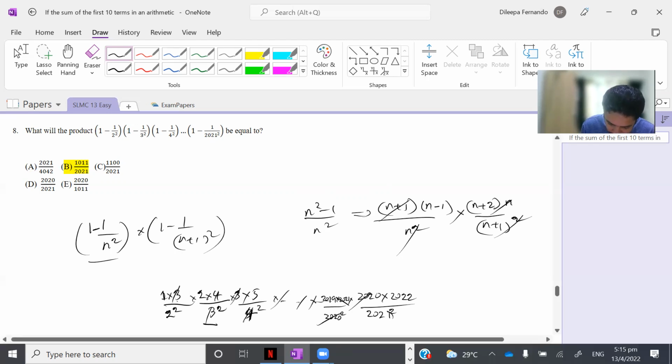Here you can see this 2 is left out, and this 2022 is left out, and 1 of 2021 is left out.